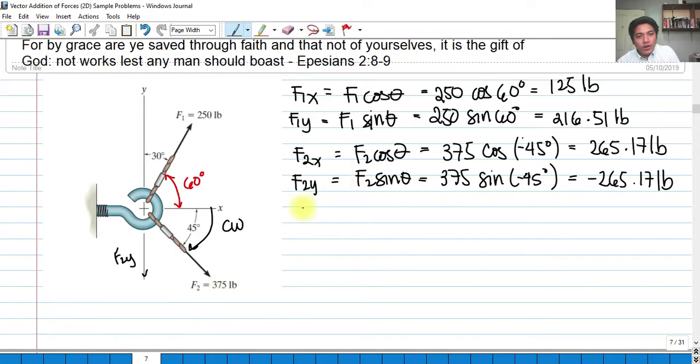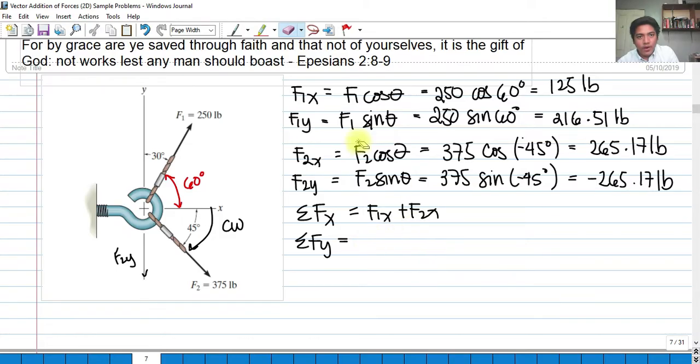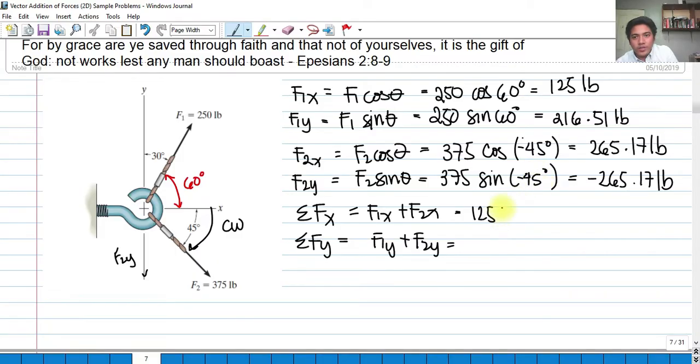So, what are we going to do? Summation of Fx, summation of Fy. We have F1x plus F2x, and F1y plus F2y. F1x is 125, F2x is plus 265.17, so we have 390.17 pounds.